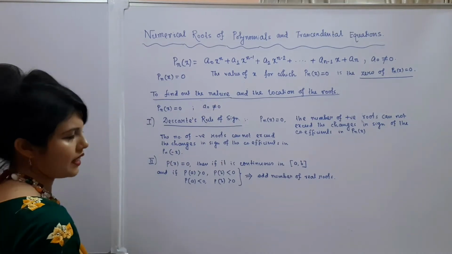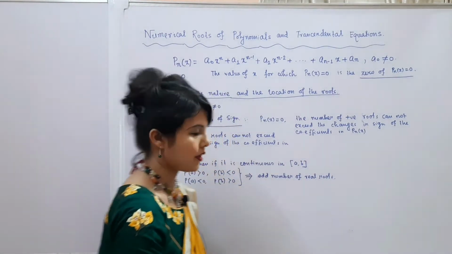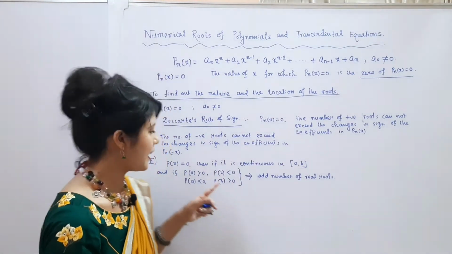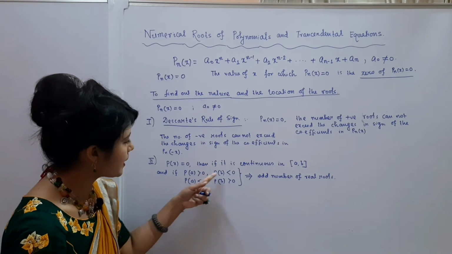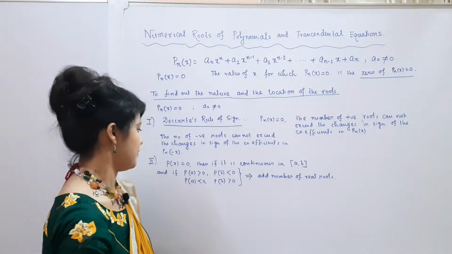We cannot say how many are positive or negative, but we say that there exists an odd number of real roots if P(a) and P(b) are of opposite sign, that is, if one is positive then the other should be negative, and if it is negative then the other should be positive, okay.